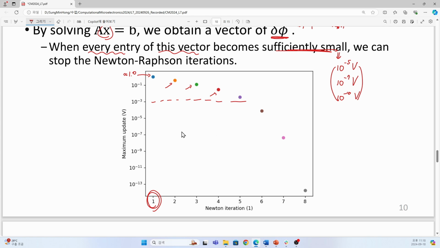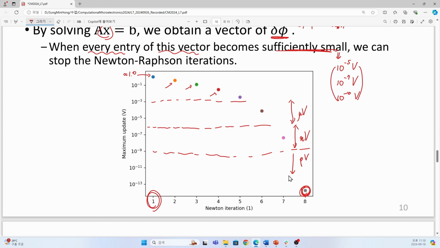However, if we go to this range, what does it mean? This range corresponds to microvolt, this range corresponds to nanovolt, and below this one corresponds to picovolt or femtovolt. So if our correction is smaller than 1 picovolt, then maybe we are quite happy with this numerical solution.